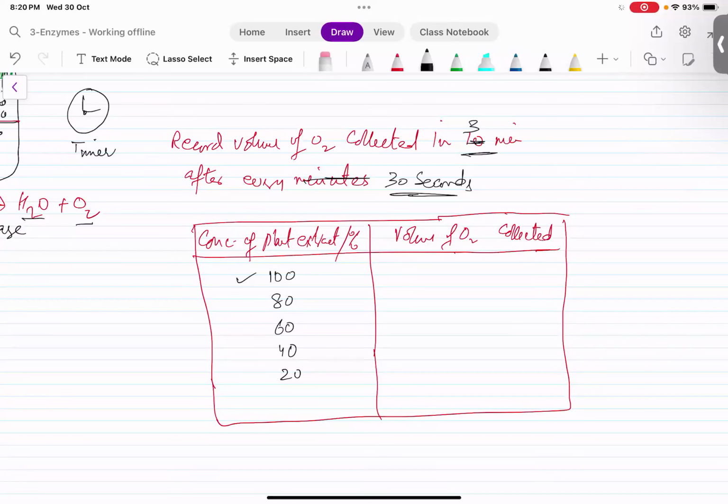Now, maybe the volume collected after 3 minutes in this 20% plant extract will be the least, and this will be the most.